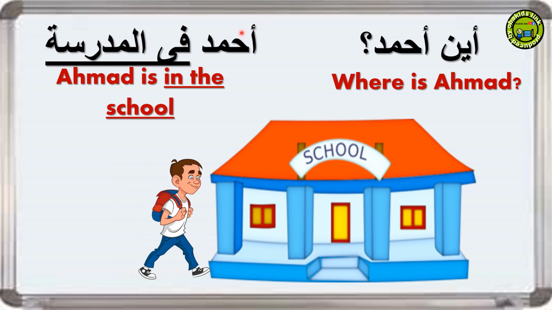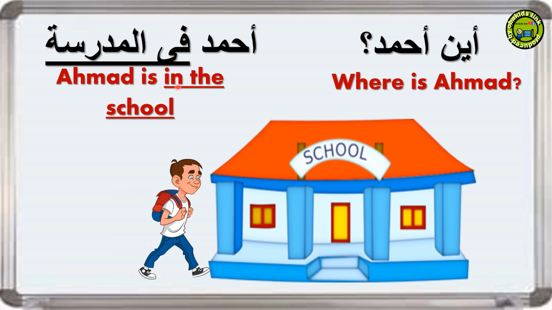Ahmad is mubtada or the subject. Fi is harf jarri, which is preposition, and al-madrasati, it is ismu majroor. And at the same time, fil madrasati is al-khabar or predicate. Ahmad fil madrasati means Ahmad is in the school.